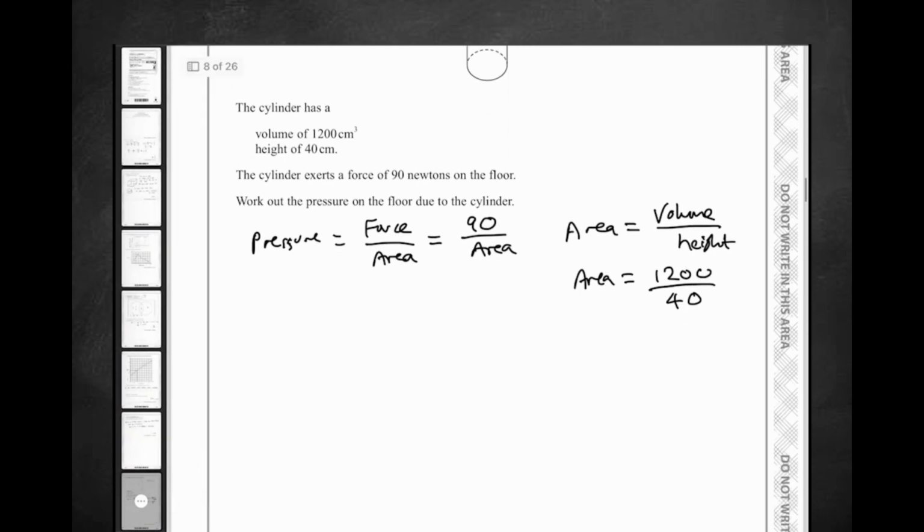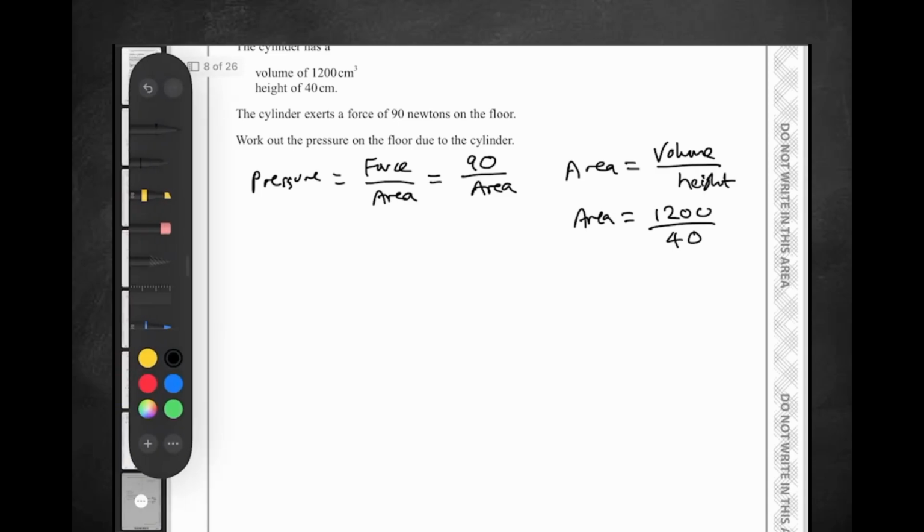Therefore, the area is going to equal 30. One thing to be mindful of here is that the units are the same for these two. The question might be crafty and give you meters cubed or the height in meters, but the other thing in centimeters, so you just have to make sure they're in the same units.